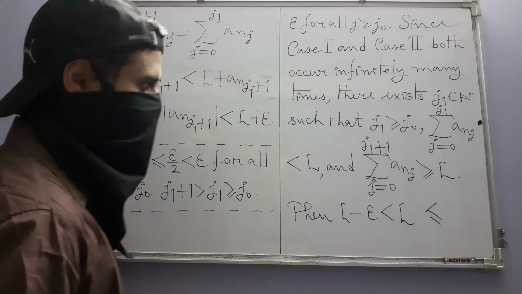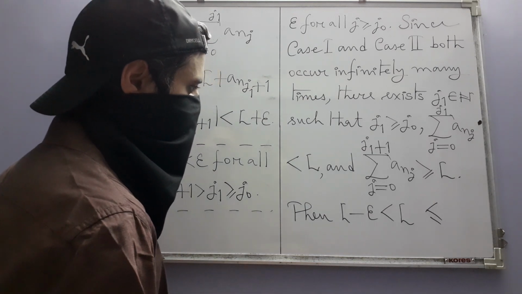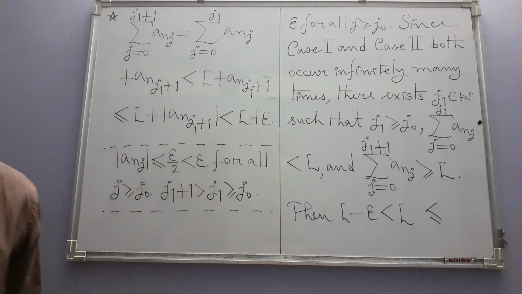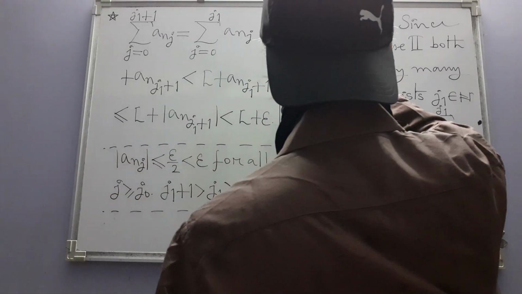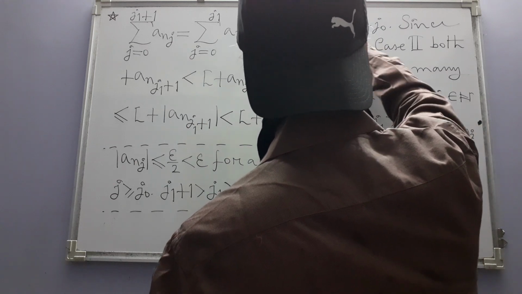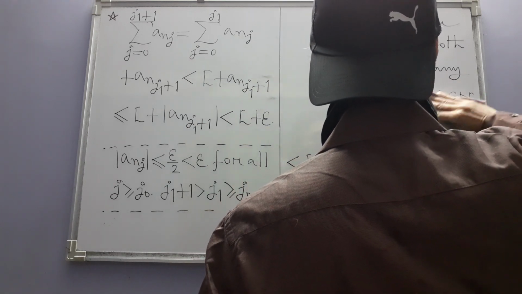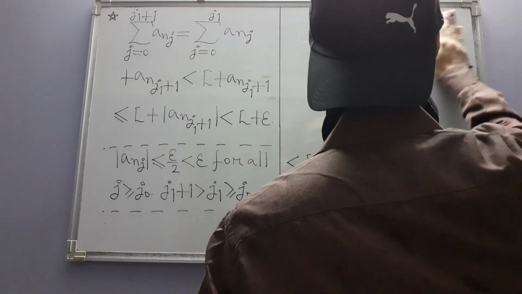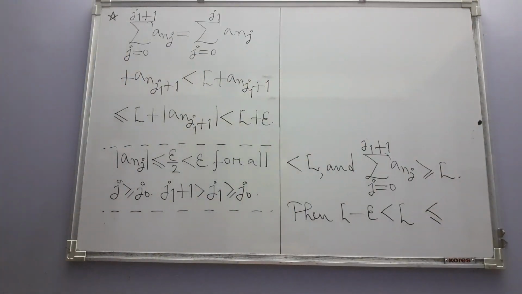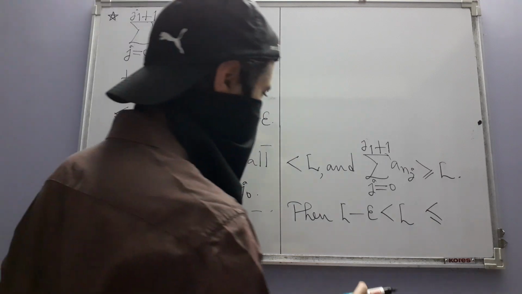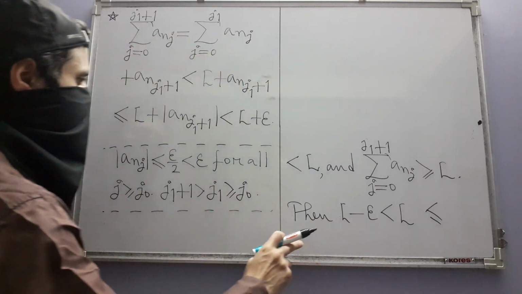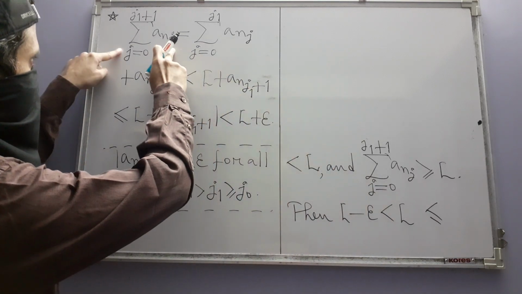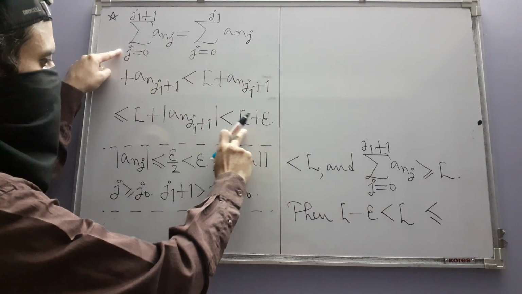So now what do we get from all these things? From these things we get that, okay, let me just write. We can now rewrite these things slightly differently. L minus epsilon is strictly less than this sum, which is strictly less than L plus epsilon.